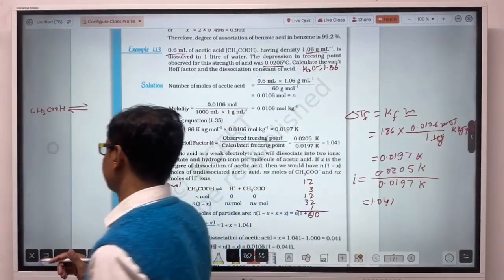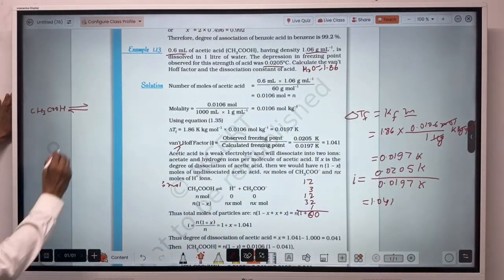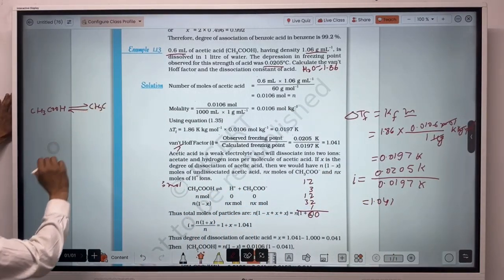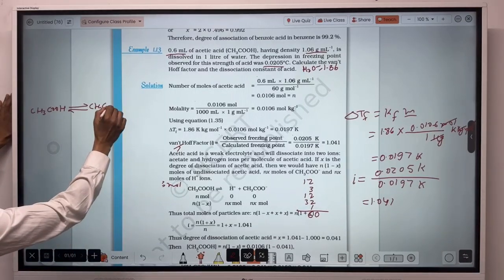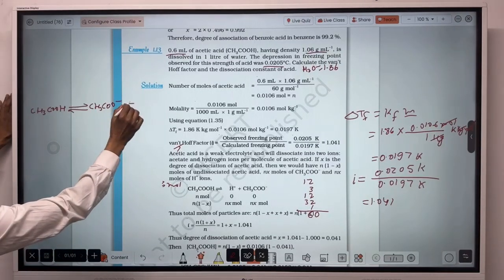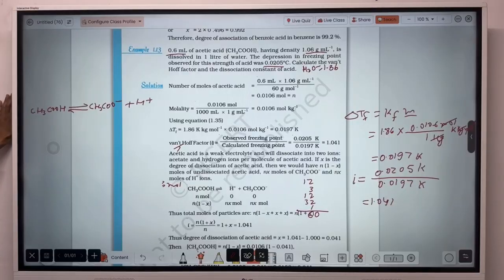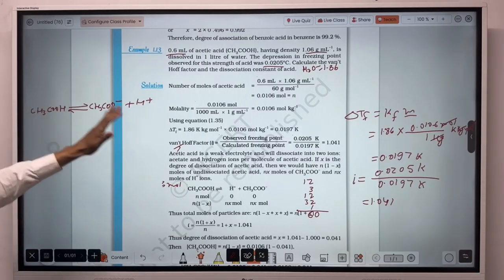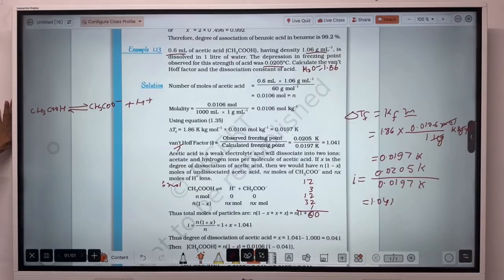So this one, acetic acid, gives 1 mole of acetate ion and H plus ion. Then suppose the number of moles here is n. The van't Hoff factor, you have calculated.